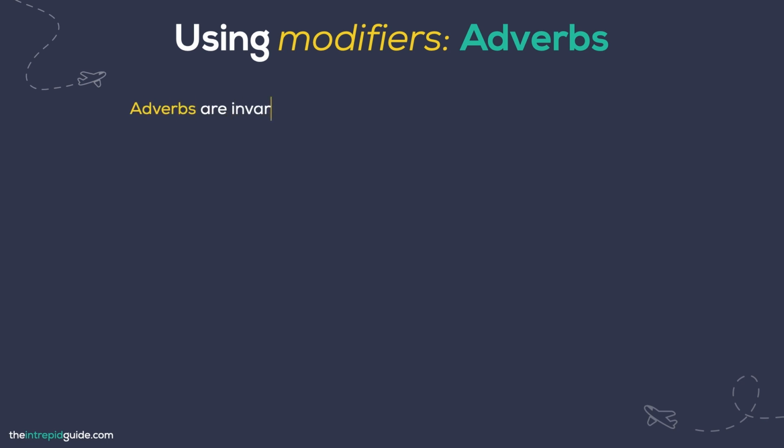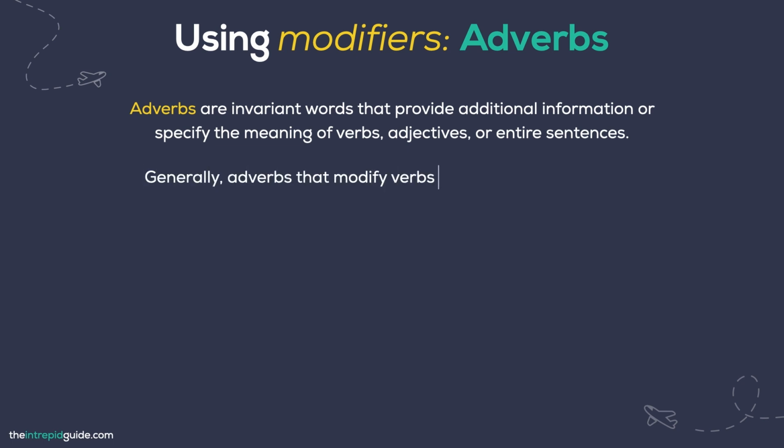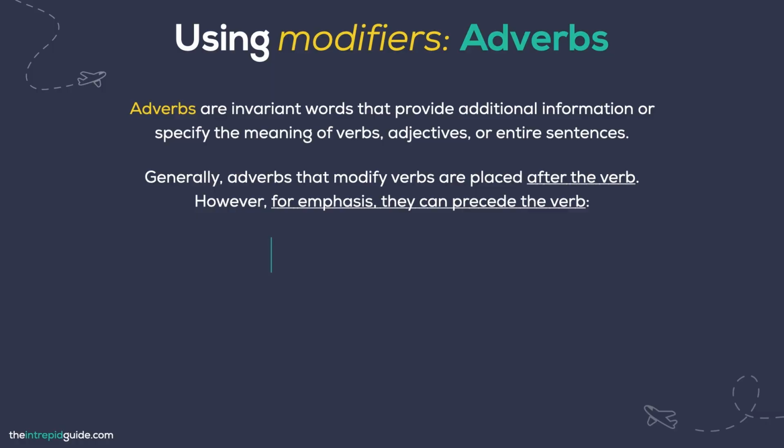Another modifier we have is adverbs. Now, adverbs are invariant words that provide additional information or specify the meaning of verbs, adjectives, or entire sentences. Generally, adverbs that modify verbs are placed after the verb. However, for emphasis, they can precede the verb. Take a look.